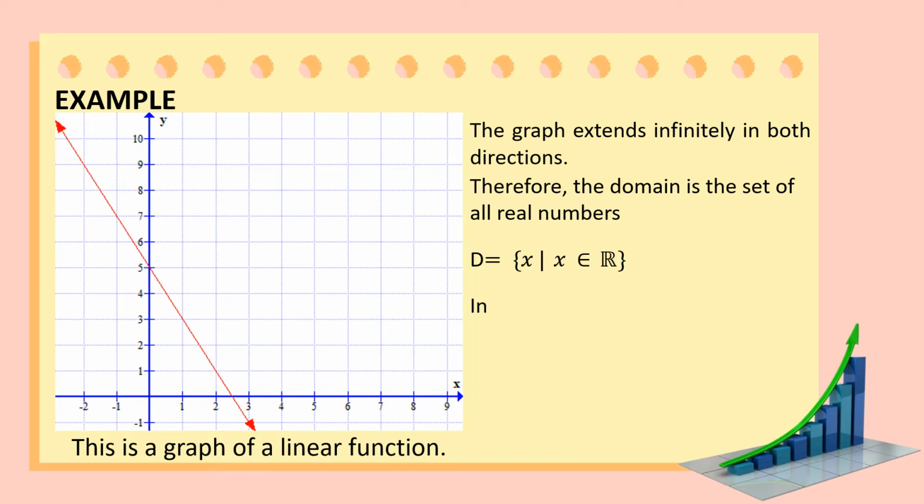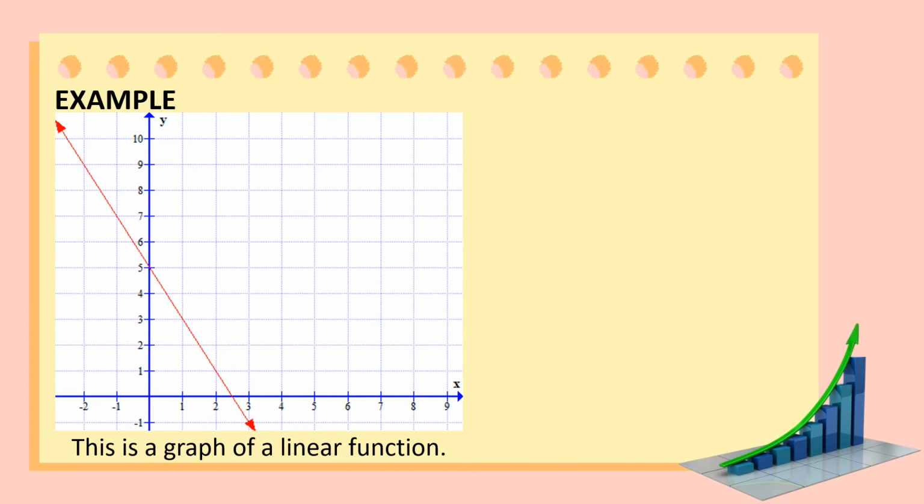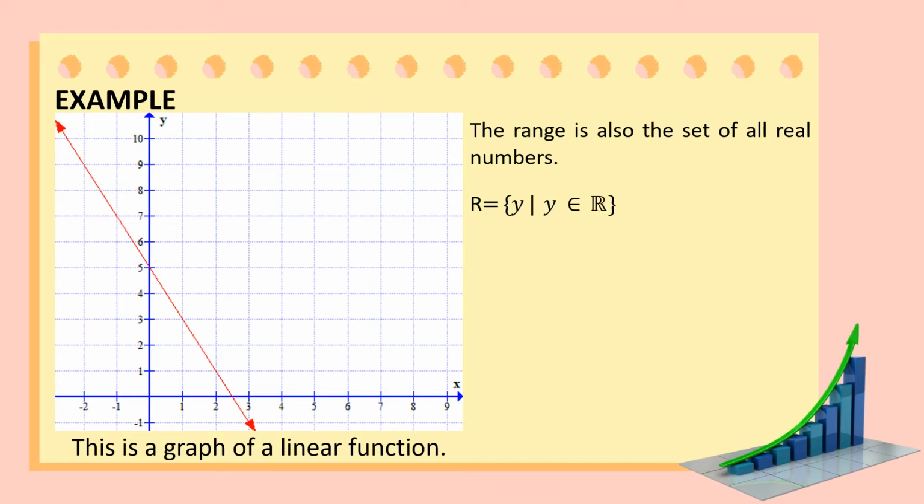In interval notation, it is from -infinity to +infinity. The range is also the set of real numbers. So R is equal to the set of y such that y is an element of real numbers. In interval notation, it is from -infinity to +infinity.